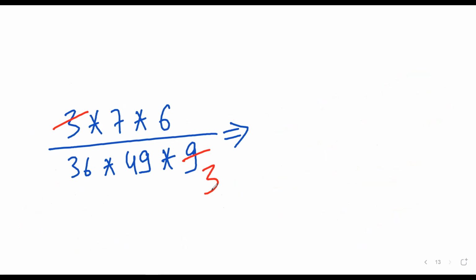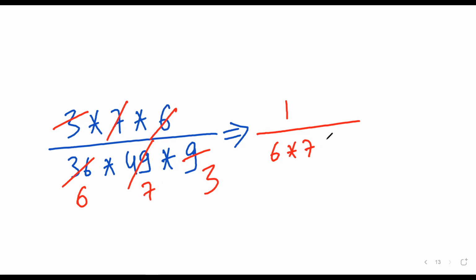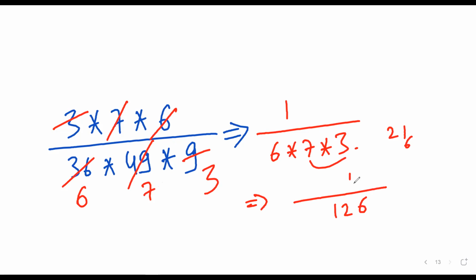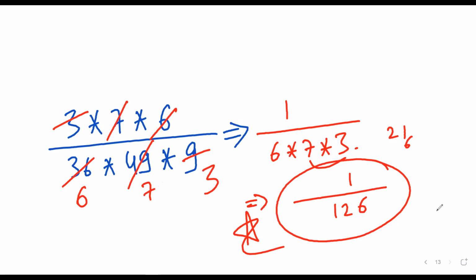Then divide 7 by 49, which will be equal to 7, and 6 by 36, which is equal to 6. Shabash. So 1 upon 6 into 7 into 3. 7 threes are 21, 6 ones are 6, 6 twos are 12, 1 upon 126. Aishwarya ji, any doubt? No, sir. Sanvi ji, any doubt? No, sir.